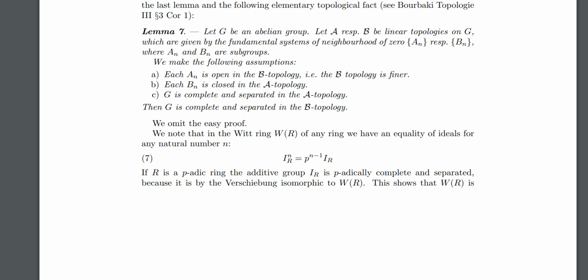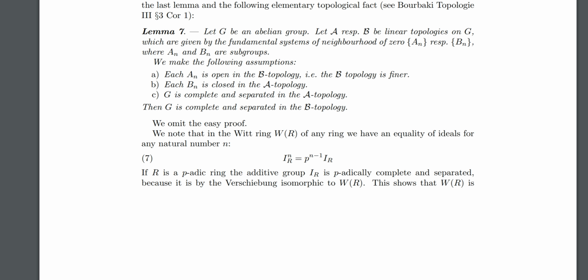The C topology is given by the filtration, or you say the open subgroups given by Vm, shifting the m-th position to the right, direction of WA. Yeah, given by the open subgroups p^n times WA. Okay, so there are two assumptions.